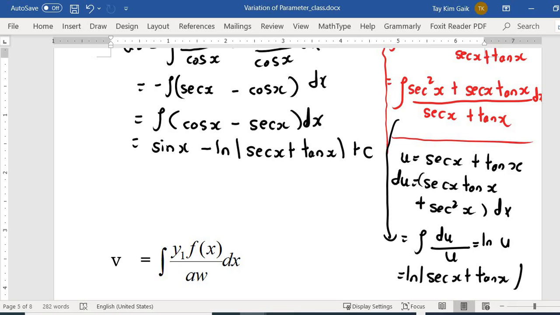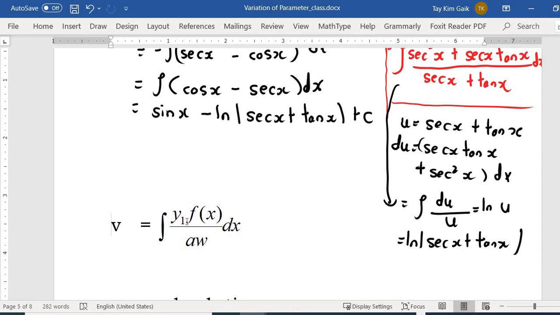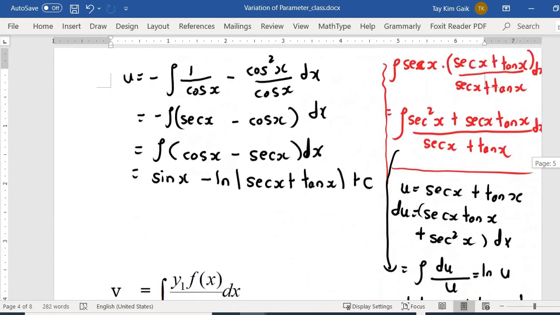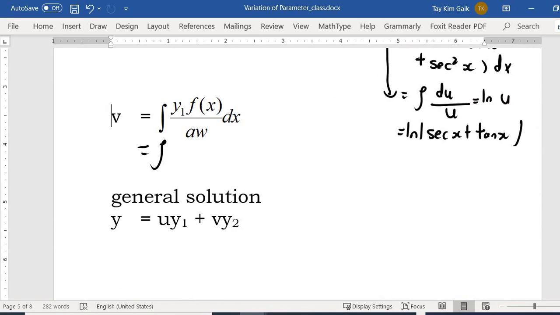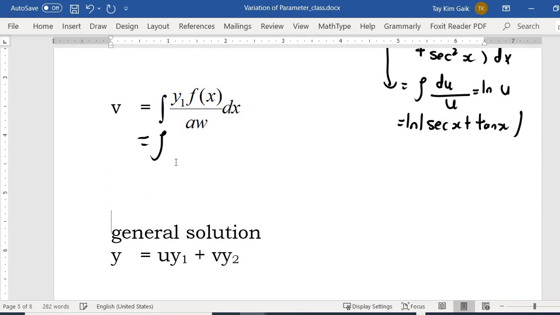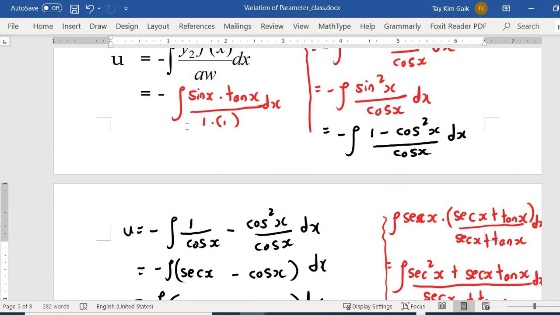Now we are going to find your v, which is the integral of y1 f(x) over aw. Look back, what is y1? y1 is cos x, f(x) is tangent x, a is 1, w is 1.